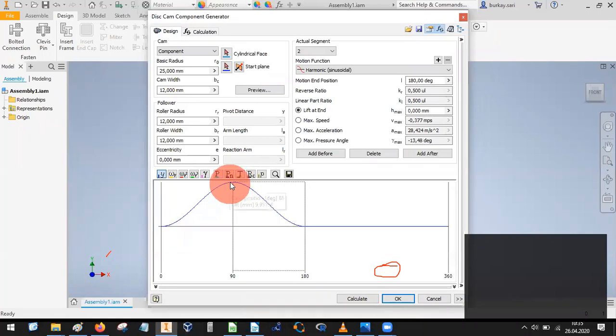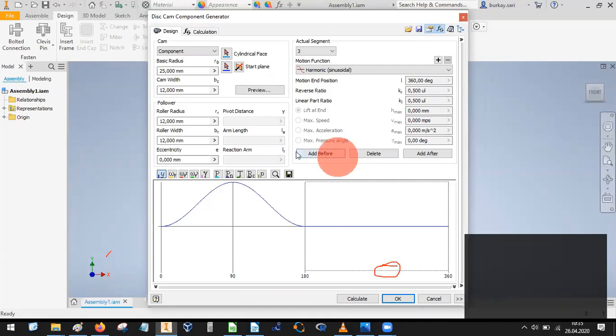We will go down 10 millimeters to the bottom side. And after that, we have this third segment, which is this area. In that area, we are not going to make any movement.